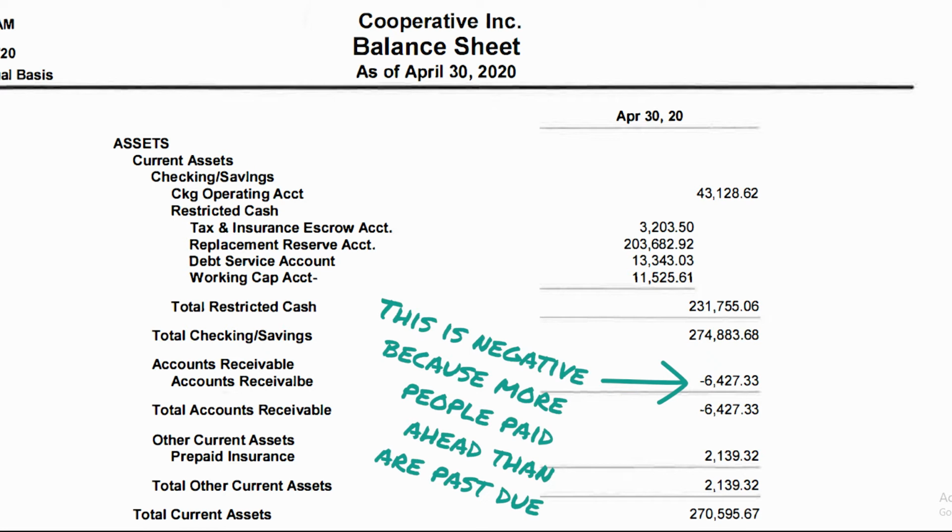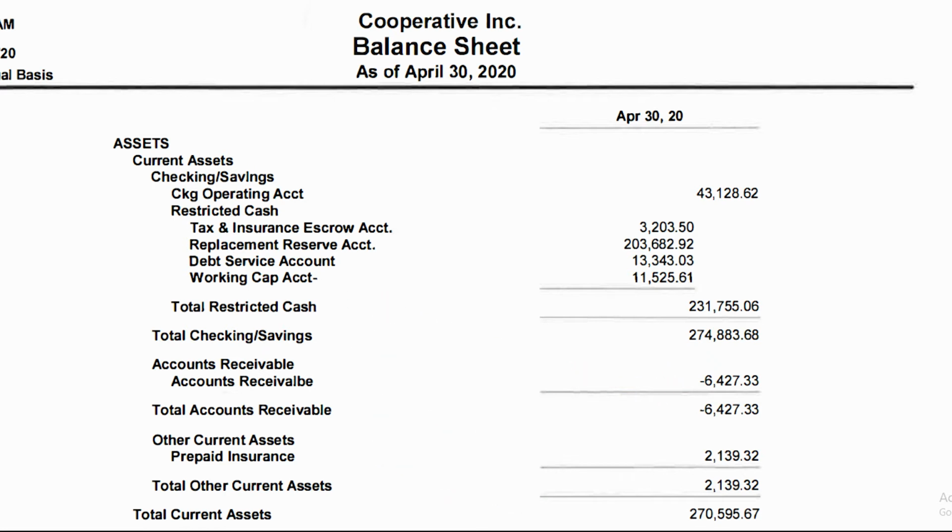Prepaid rents that people have been paying ahead get reflected in that total, and so it makes things look good. So if you want to understand the actual amount of past due rent owed by your co-op, there's another report called the Accounts Receivable Aging Report, which just has who owes rent totaled up. So just be aware when you look at the accounts receivable on the balance sheet, it's probably going to be rosier than the reality, which is on another report.